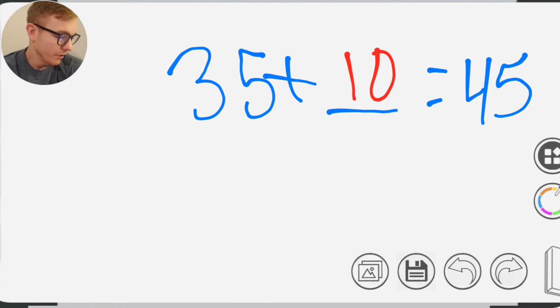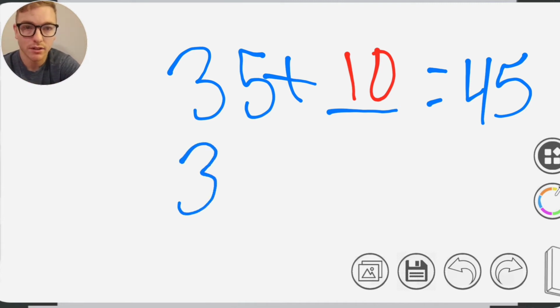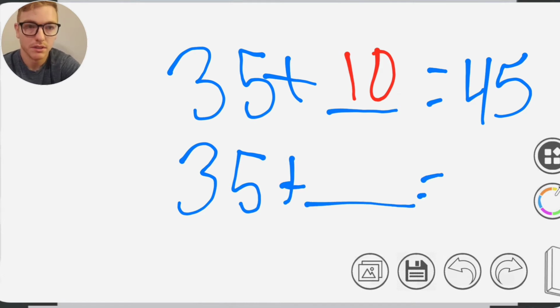So now that we've figured out one of the addends, we can use that information to solve the next problem. All of them are going to have the same first addend, 35 plus blank. This time it equals 55.